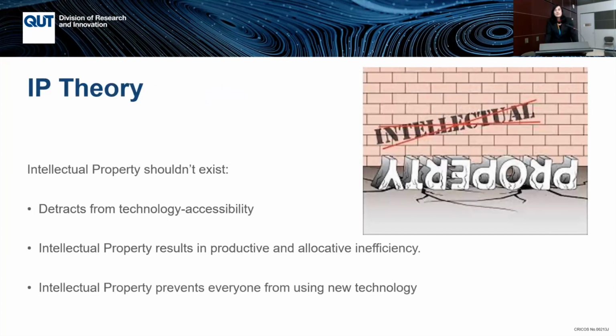IP shouldn't really exist. It slows down the use of technology and access to new technologies. You get infringement notices which prevent you from making use of, say, a clinical discovery in the future. If someone's got a patent over it, you can't use it. You can't get your mate down at the local mechanics shop to make you a copy of the best bone saw or the best surgical tool, which you could use in a healthcare practice.